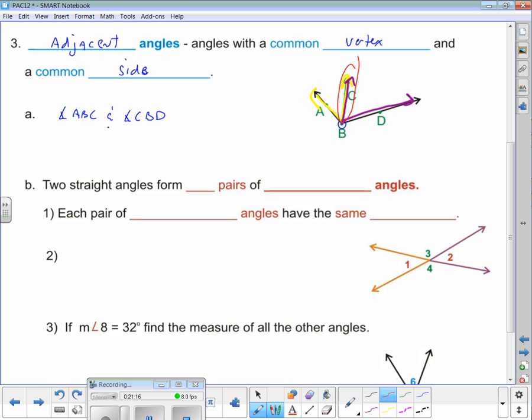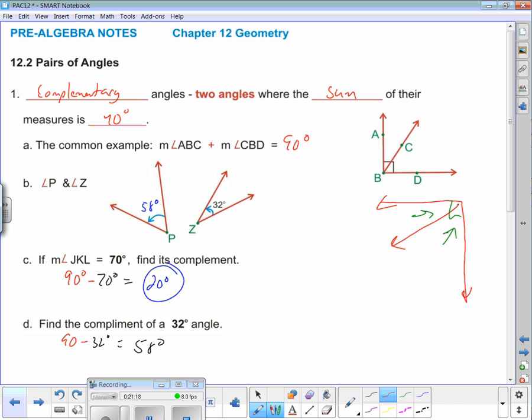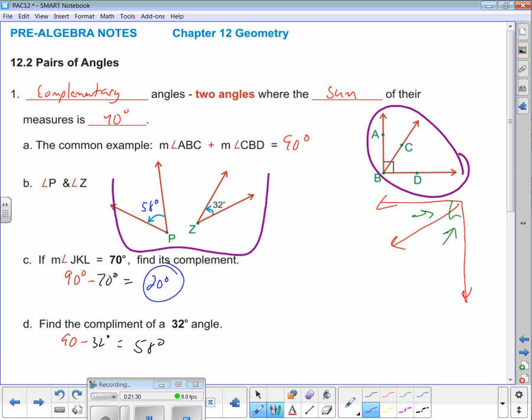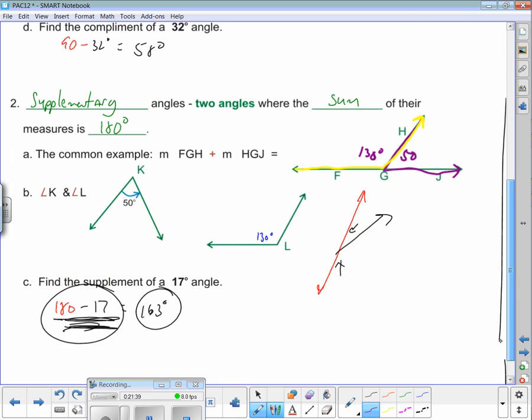All right, so let me go back a second here for you guys. When we did the common example of complementary angles, are they also adjacent angles? Yes. Are these two adjacent angles, though? No. So the common example involves adjacent angles. The non-common does not. Same thing with supplementary.